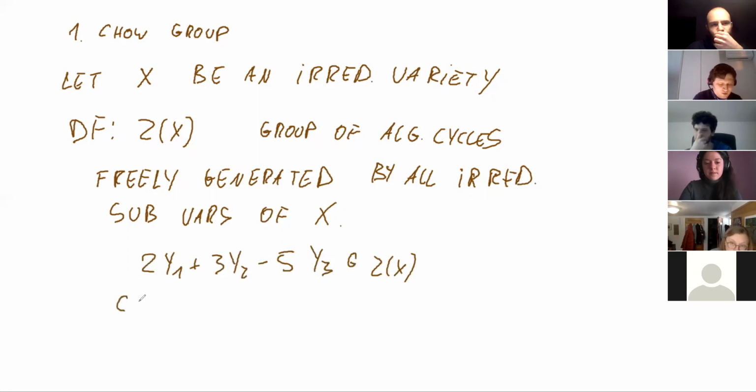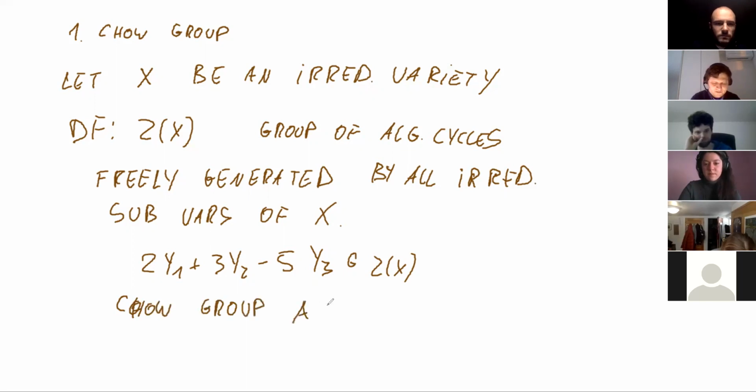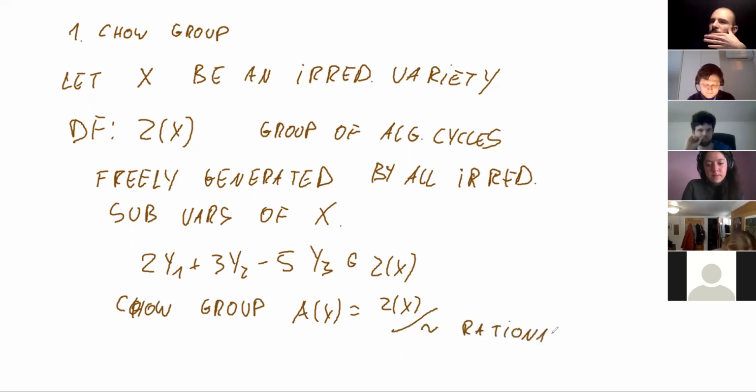So now a Chow group A(X) is, so Z(X) somehow remembers too much. It's too big, so we want to divide it by something. This is called rational equivalence, and I will now define this.